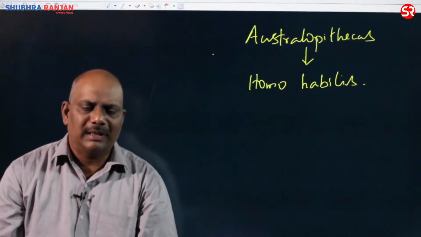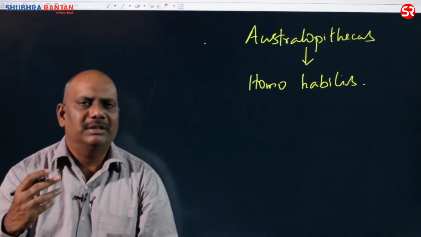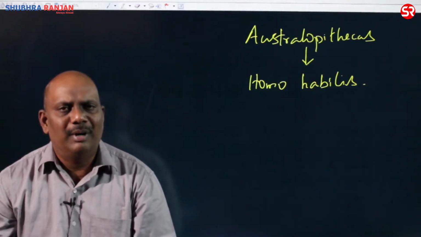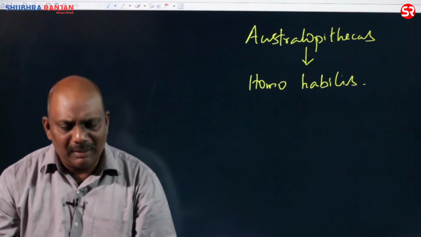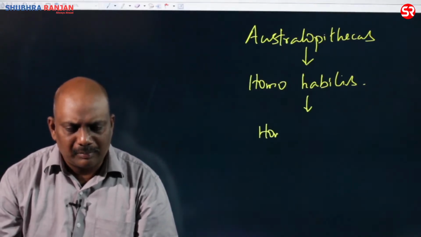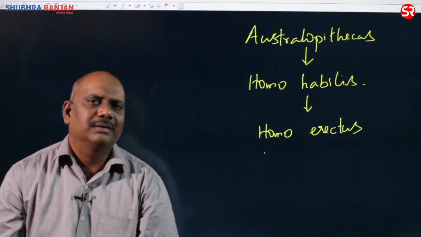Homo habilis, right? In Australopithecus, we had 50 percent human-like and 50 percent ape-like, primitive characters. In Homo habilis, a little bit of improvement, more human-like. The Homo habilis further evolved to form Homo erectus.